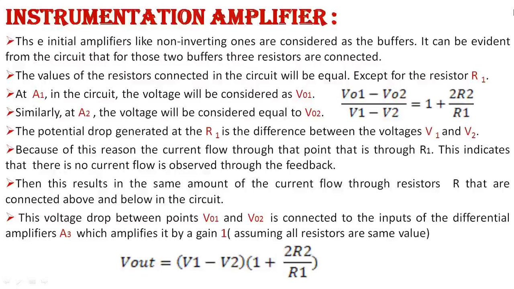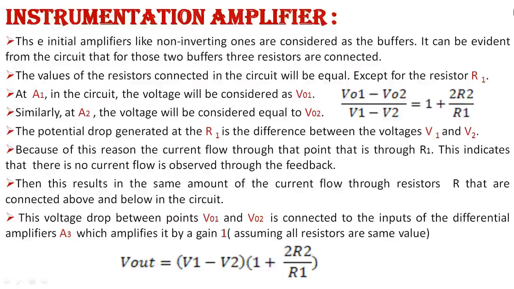The potential drop generated across R1 is the difference between the voltages V1 and V2. Because of this, current flows through R1. This indicates that no current flows through the feedback. This results in the same amount of current flowing through the resistors R connected above and below in the circuit.